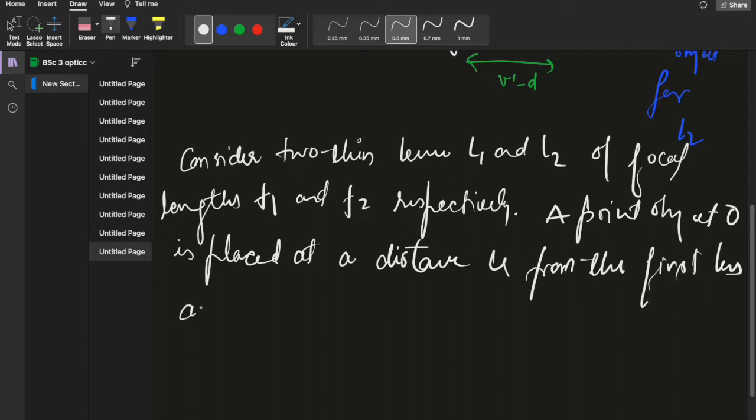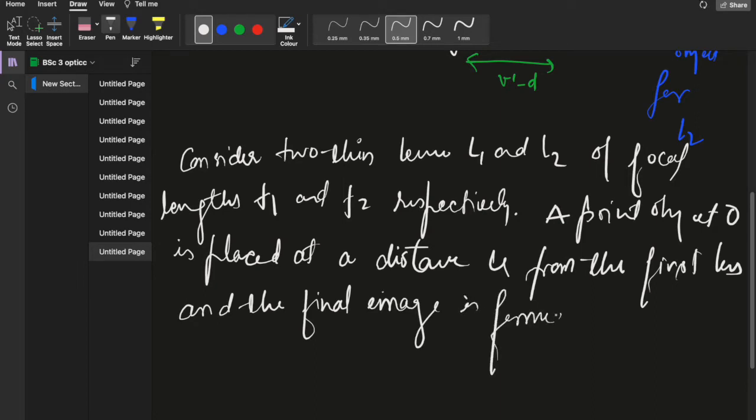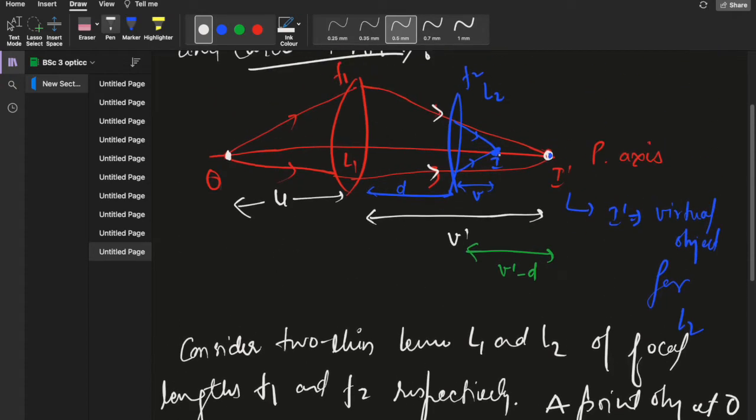and the final image is formed at I, as we had already mentioned. At I we obtained our final image, and I dash, which was the image for lens 1, is behaving like a virtual object for lens 2.